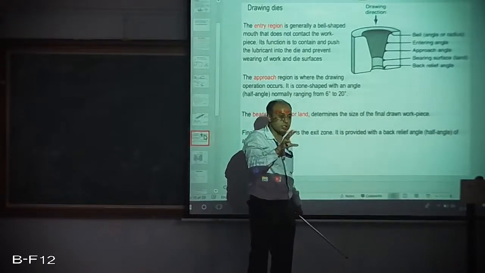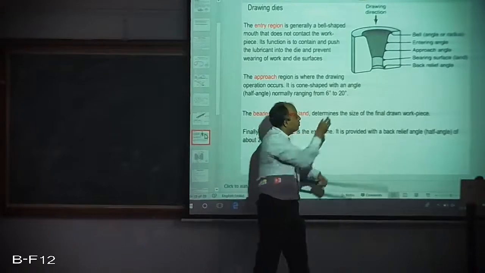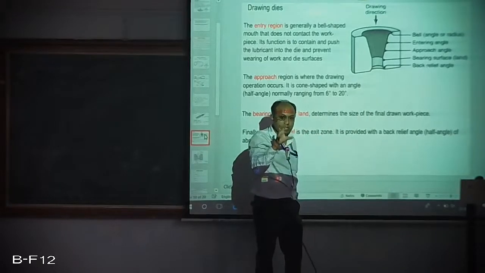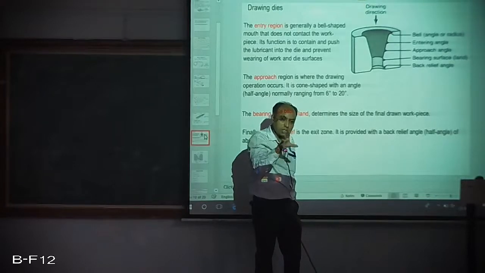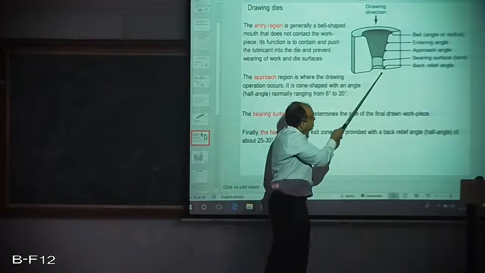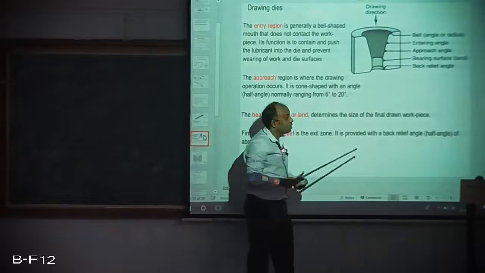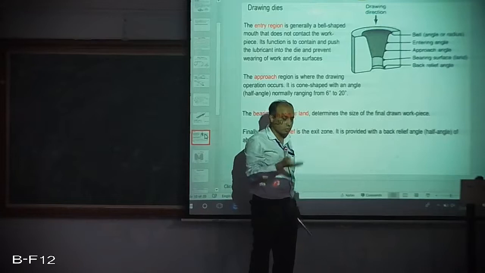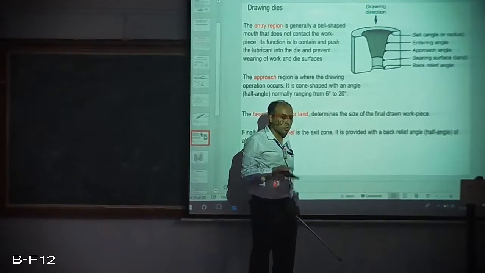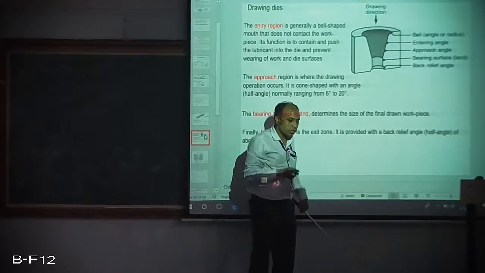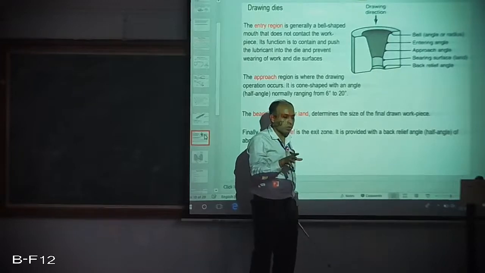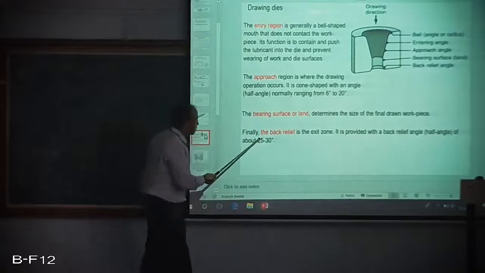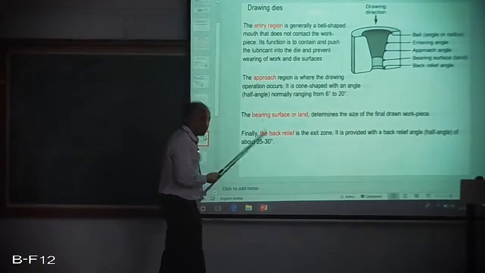Whatever elastic deformation had occurred, the moment it comes out of the constriction, there will be elastic expansion, that elastic recovery. If there is a sharp edge, it will lead to an abrasive kind of situation, so it will damage the product or the wire that is coming out again. To accommodate this elastic recovery, we are giving the relief. So that's the back relief angle, between 25 to 30 degree.